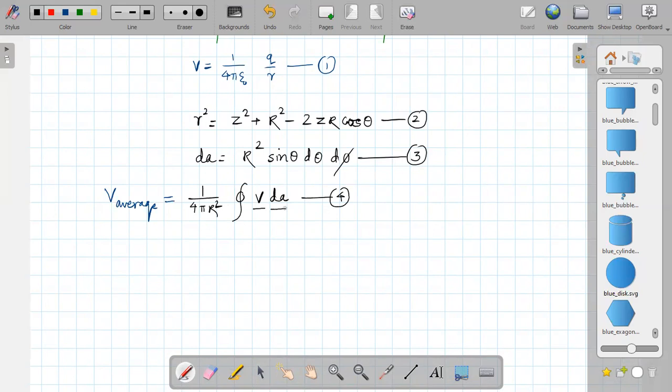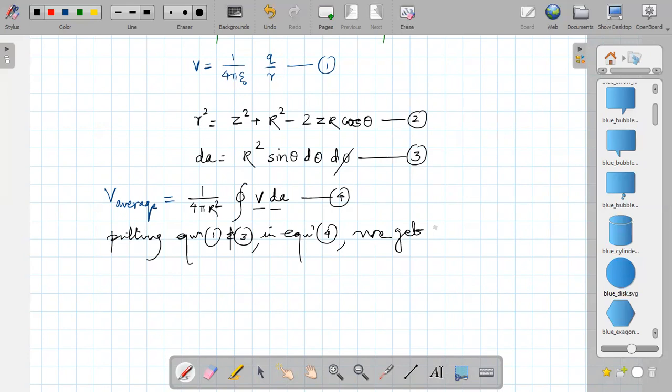And therefore putting 1 and 3 in equation 4, we can write, see, here I'll write, putting equation 1 and 3 in equation 4, we get. Just put the terms of V and dA in equation 4.